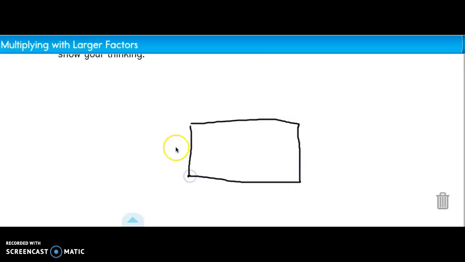And so I am going to put 5 over here and times 12 over here. Instead of using doubling and cutting it in half, I'm going to cut it into 5 and 7 because I know that 5 plus 7 is 12.